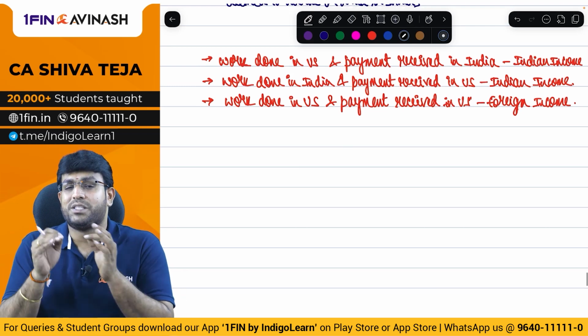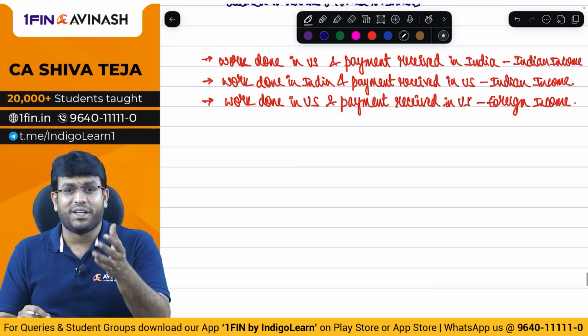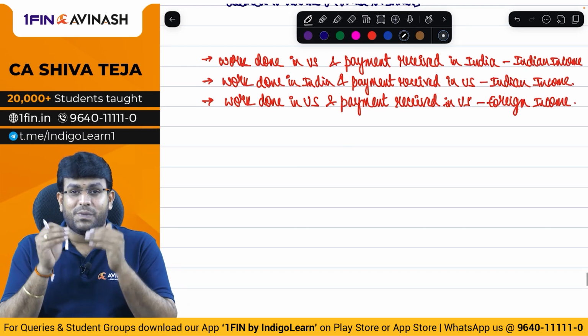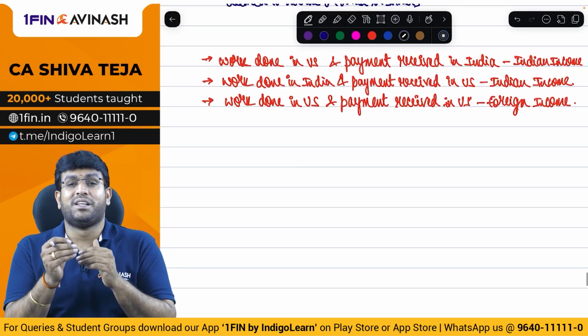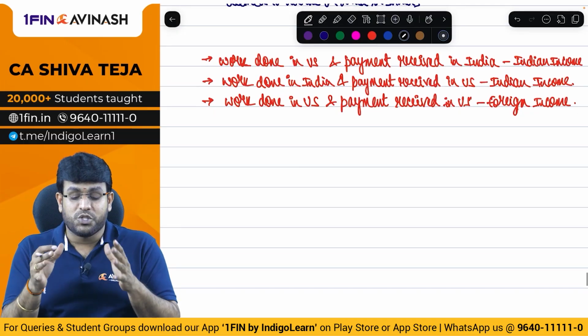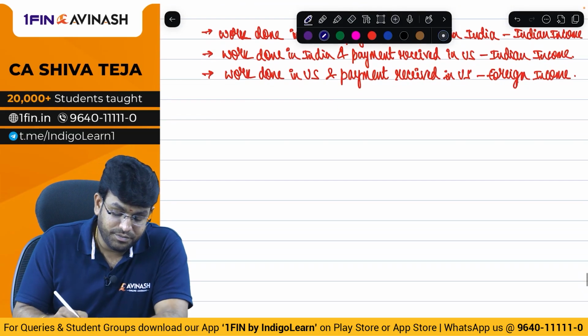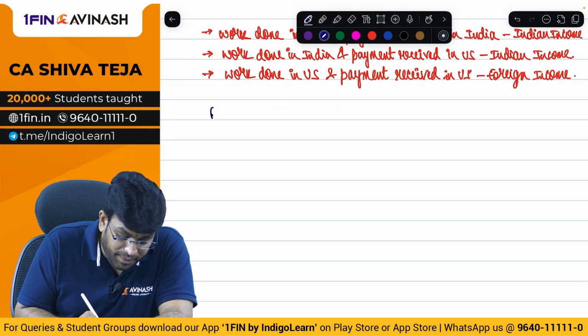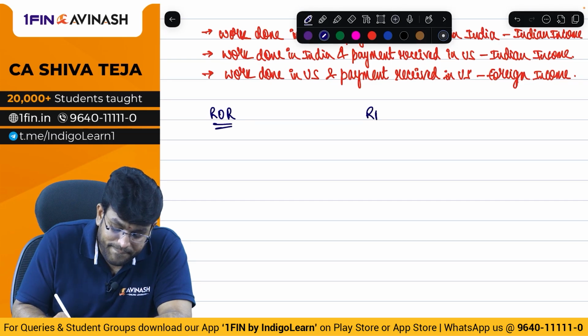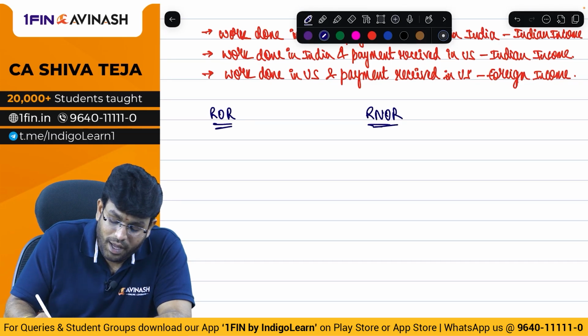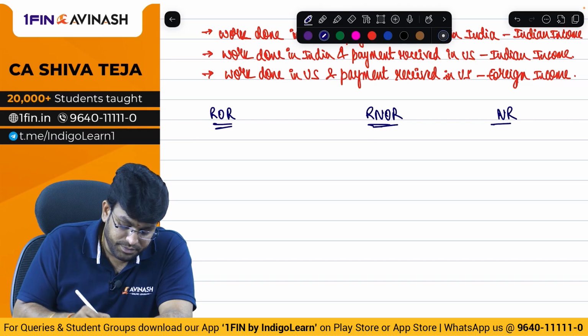Now why are we taking this much effort? Some students might ask, sir, why are we taking this much effort to understand which income is Indian income and which income is foreign income? There is one strong reason for that, my dear friends. Listen very clearly. We know that there are three types of person called ROR, RNOR and NR.